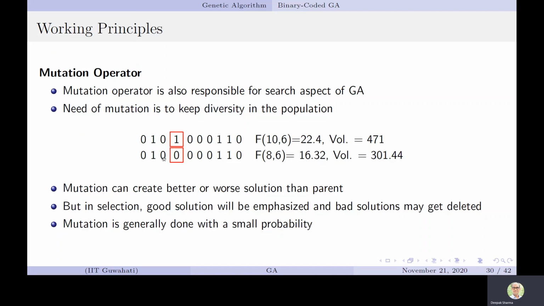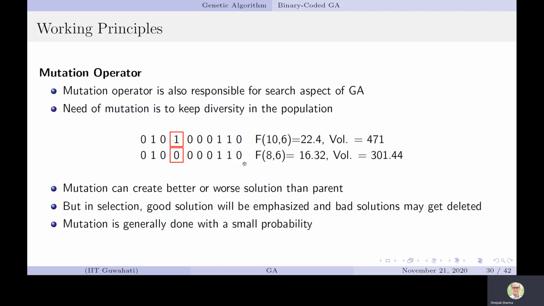Now the second string is the solution which is generated after mutating C1. Now look at the fitness value. The fitness is further reduced to 16.32. Look at the volume. Both are feasible solutions, meaning that the mutation can create a good solution for us.